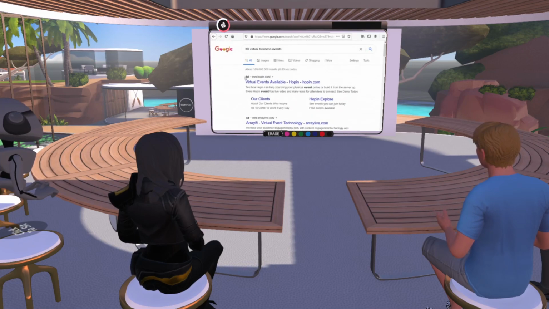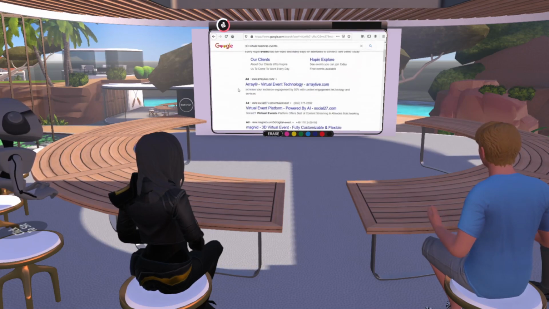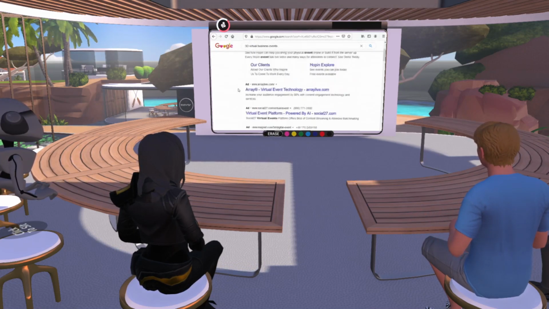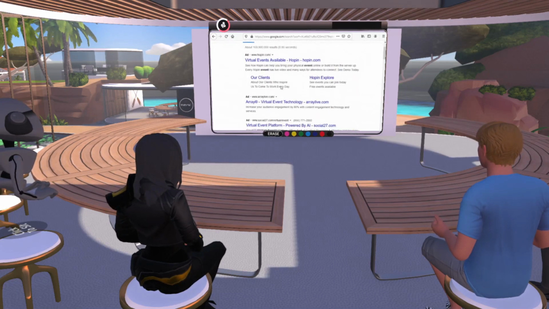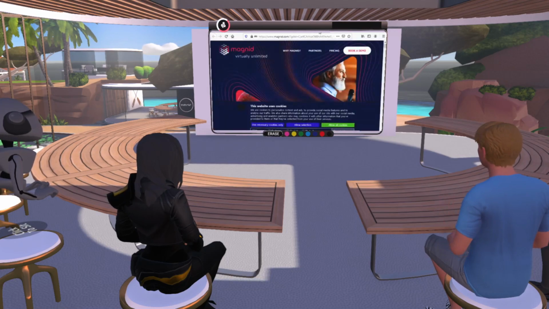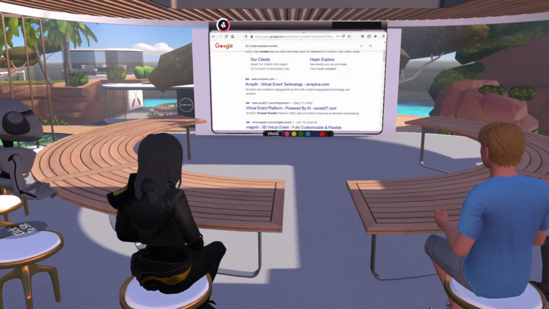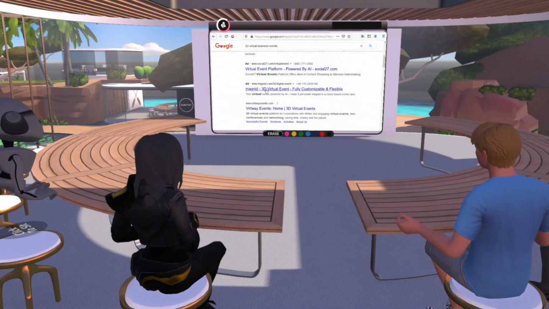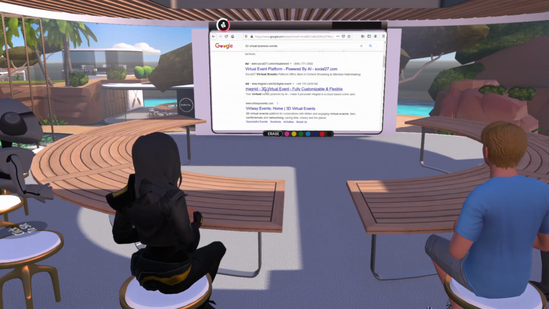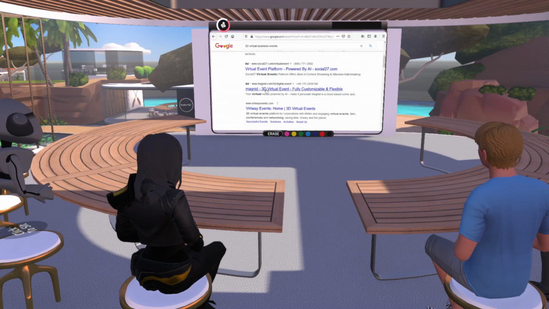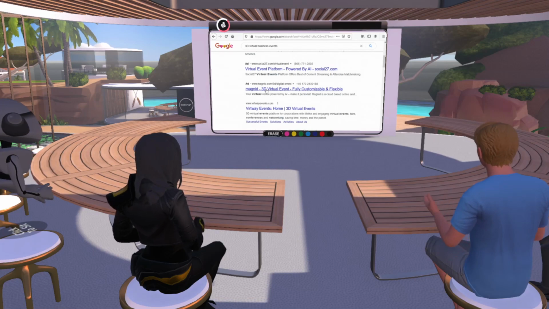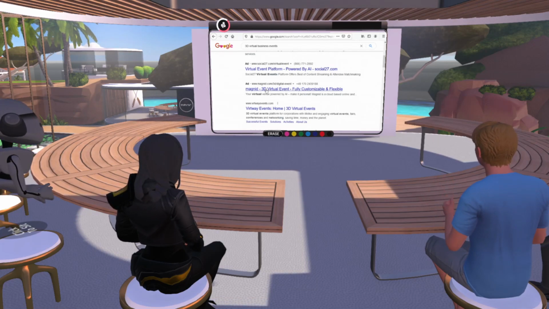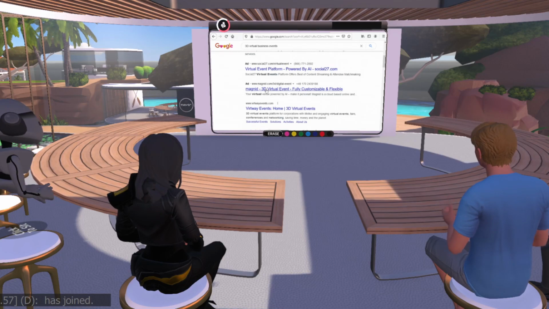And these first ones, even though I searched 3D virtual business events, these first three have no type of 3D at all. I think one of them called it 2.5D. What's that? 2.5D means they have a 3D representation of a conference room with areas, but it's a flat image, and you just click on that area and you go to that location, and something happens there.